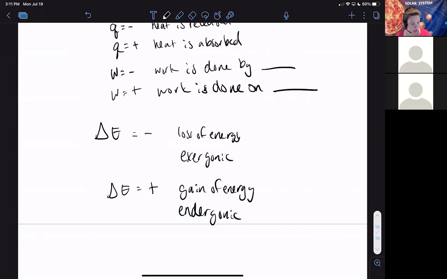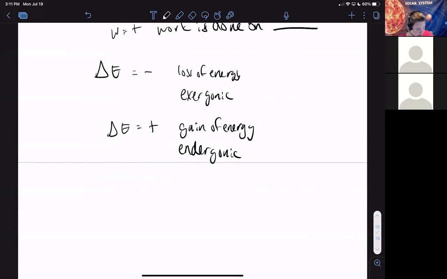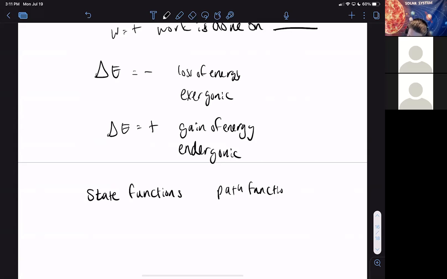Now, we have two different types of functions. We have state functions and path functions. Those are more definitions you need to know.